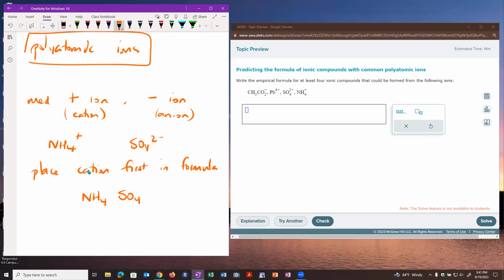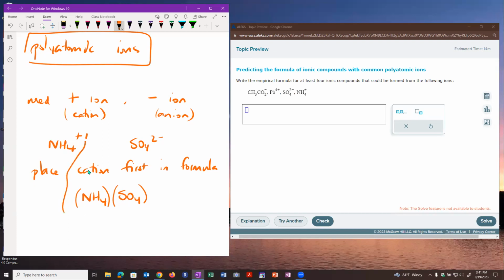What I would suggest is, if you recognize the fact that you do have polyatomic ions, go ahead and surround them with parentheses so that if you have to assign a particular subscript, we're going to know where that subscript has to go. It can be slightly confusing if you forget to use your parentheses. So let's take a look. The charge on the ammonium was +1.